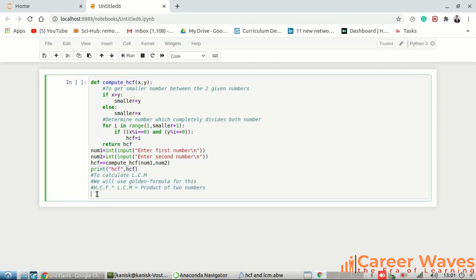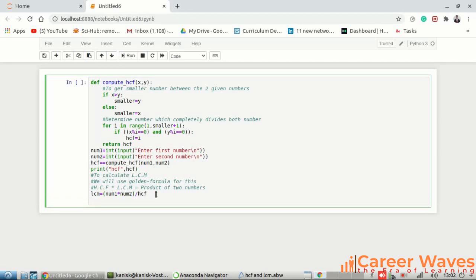So what we will do, we will take HCF in the division of RHS. So it looks like this. So LCM is a variable for calculating LCM, and we will take the product of two numbers, that is num1 into num2, divided by HCF. Now we will print LCM here, and LCM will be printed like this.